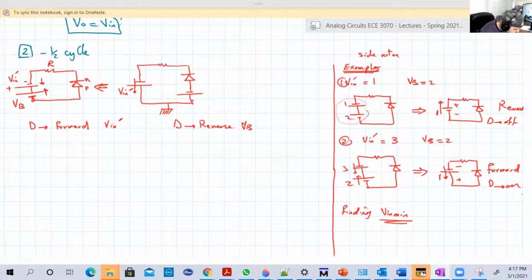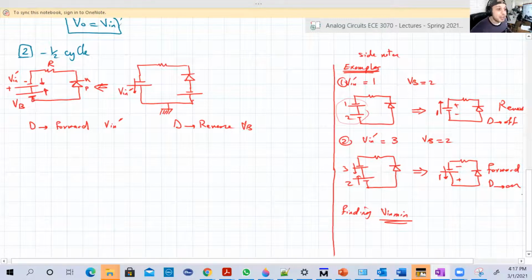So basically here we need Vn dash to be greater than or equal to VB in order to make the overall situation forward. And to make the diode on, it should also be greater than not just VB, but VB plus 0.7. And we'll calculate it.